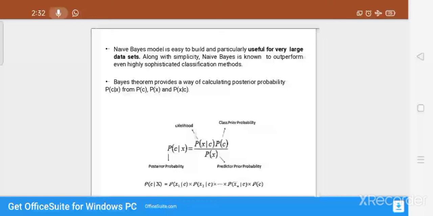So the Naive Bayes model is easy to build and particularly useful for very large data sets. Along with simplicity, Naive Bayes is known to outperform even highly sophisticated classification methods.